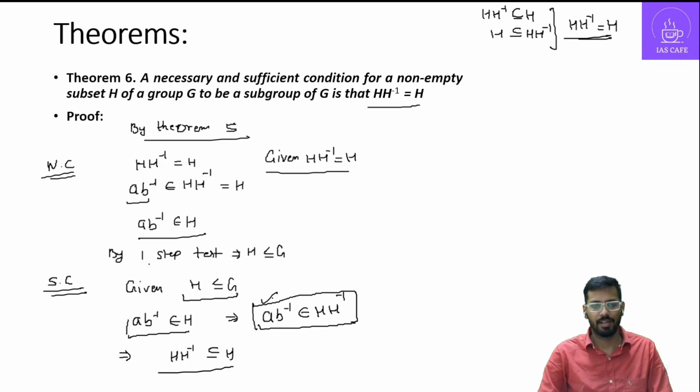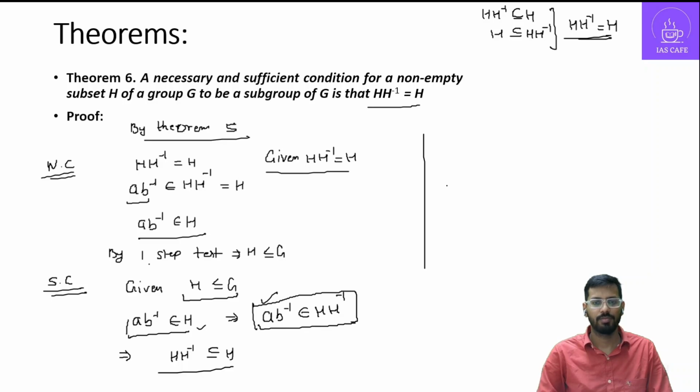Earlier, first we took this element A B inverse that belongs to H inverse by definition of H inverse. But given that H is a subgroup of G, this condition will be satisfied. That means H inverse is a subset of H.